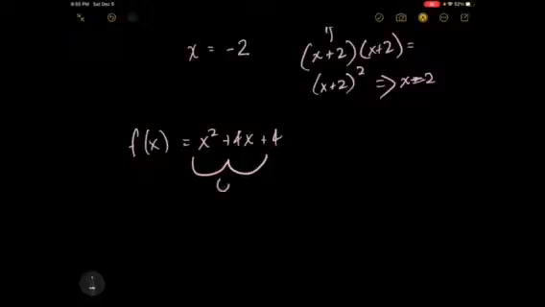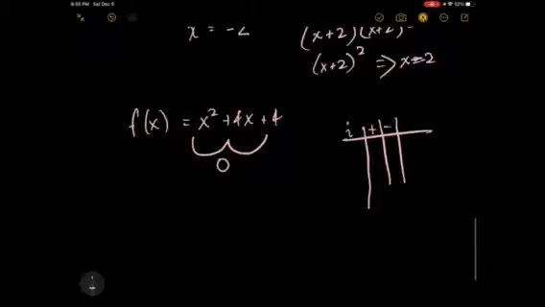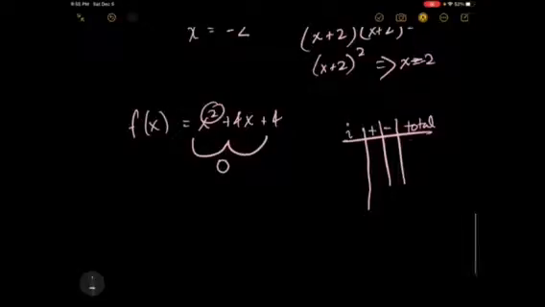That means there are 0 sign changes here. So if I'm drawing out my table, I get positive, negative, total. I have up to 2 possible roots. So 2 is here. I have a maximum possible number of 0 positive roots.